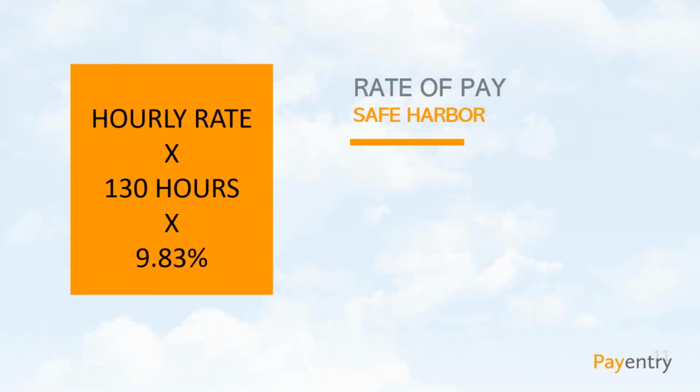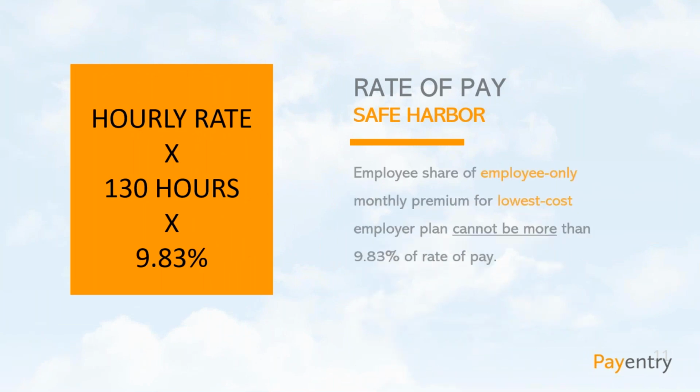If you're using the rate of pay safe harbor, you're going to look at the employee's share of the employee-only monthly premium. And in all of these, you will be looking at the employee's share of the employee-only premium, even if they elected family coverage. So that's one thing to be aware of. It's always look at your employee-only premium. How much of that does the employee pay? And look at your lowest cost plan.